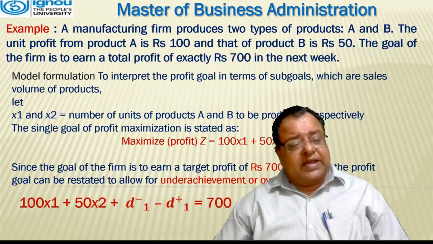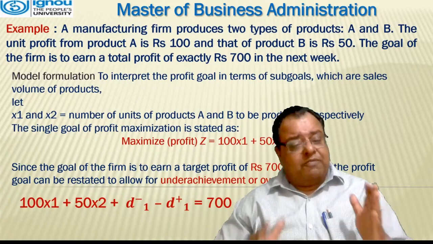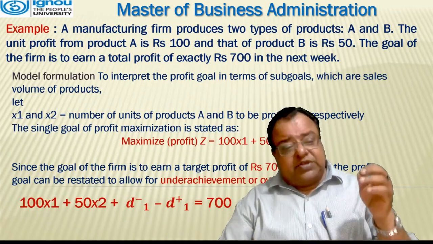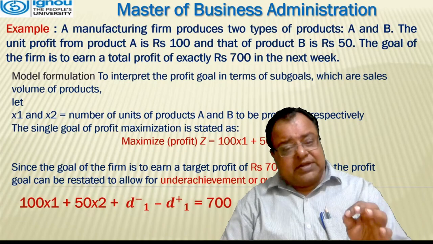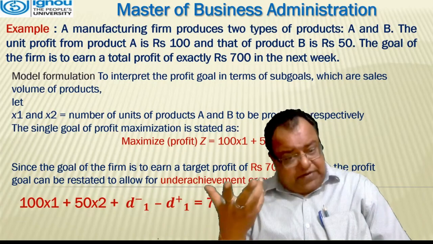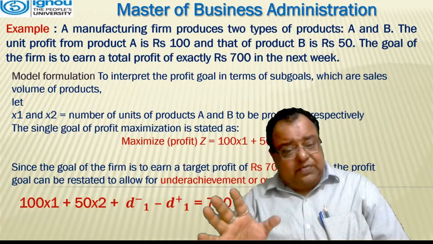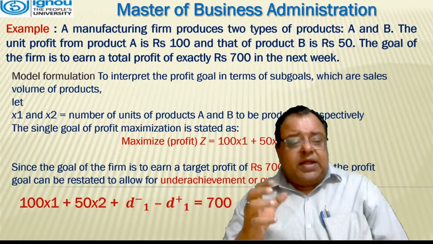Let x1 and x2 be the number of units of product A and product B produced respectively. The single goal of profit maximization will be: maximize profit z equal to 100x1 plus 50x2. This is our basic function.